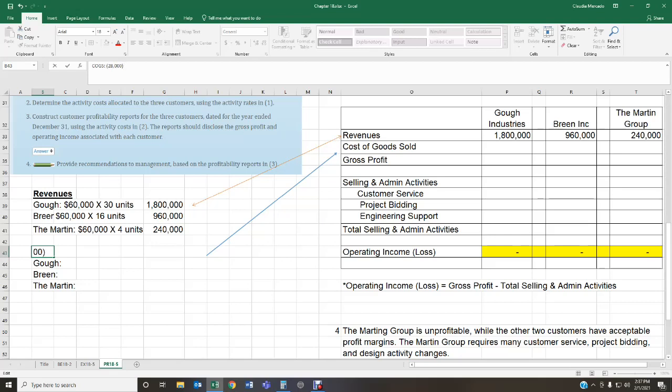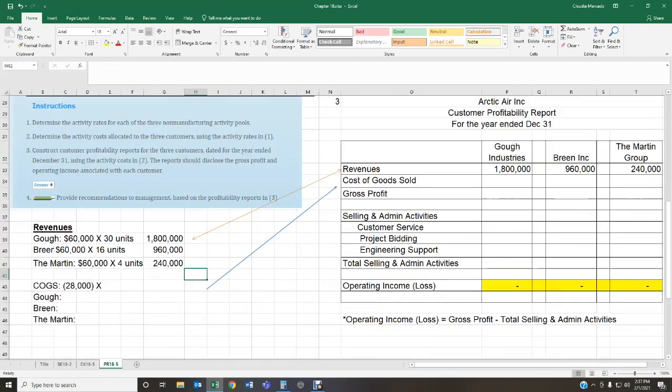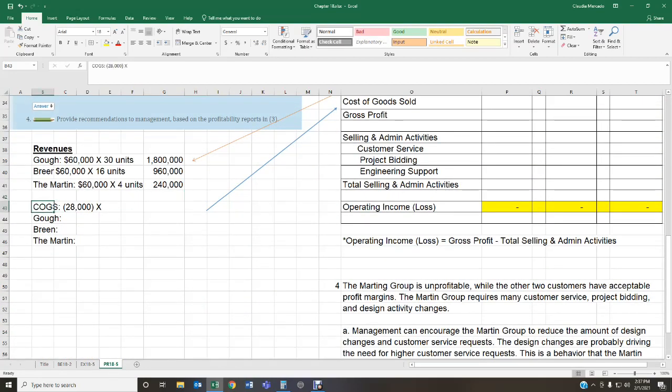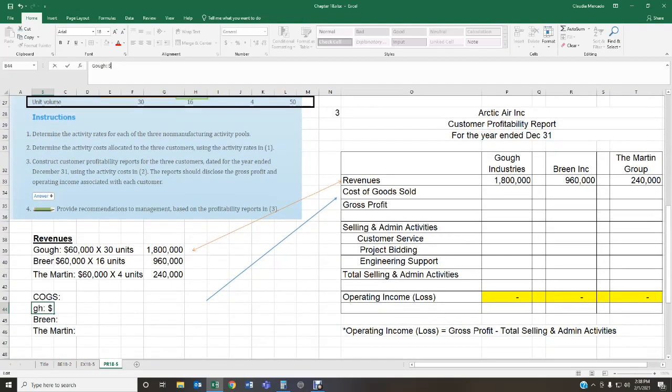And I'm going to multiply that by how many units. We've got 30 units that we sold to Go. Oh, I'm putting it in the wrong cell. Sorry. Right there, Go. So my cost of goods sold was how much? Negative 28,000.